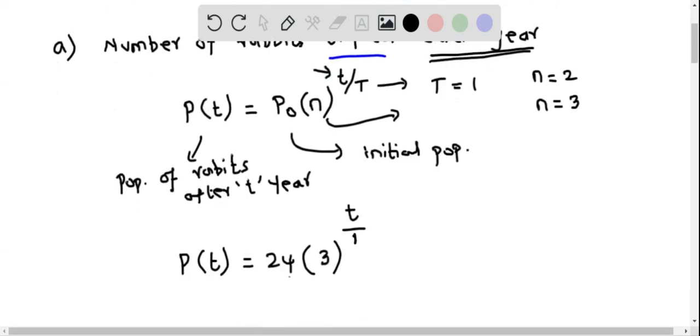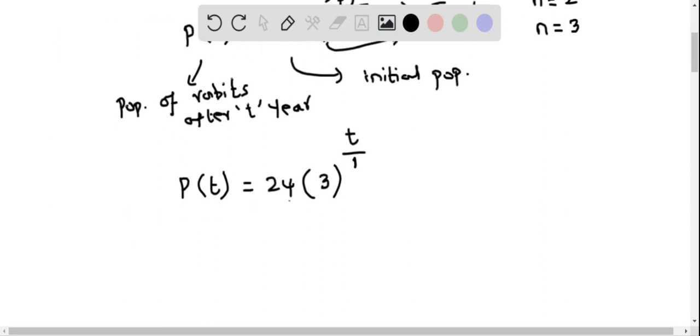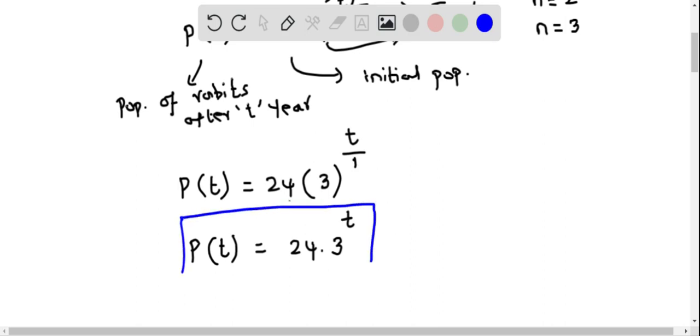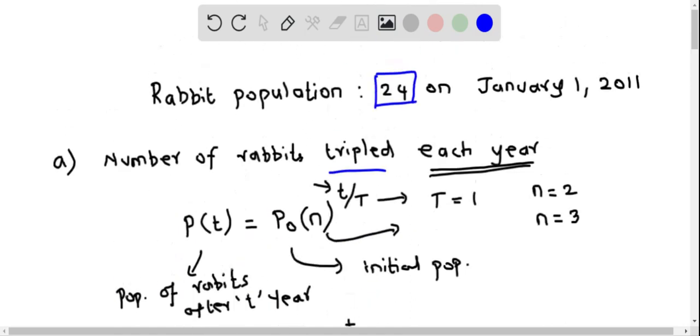So I'm going to put this as 1. So we can simplify and rewrite in proper expression. That is, we say that P of t equals 24 times 3 to the power t. So this is the function which represents the number of rabbits t years after January 1, 2011.